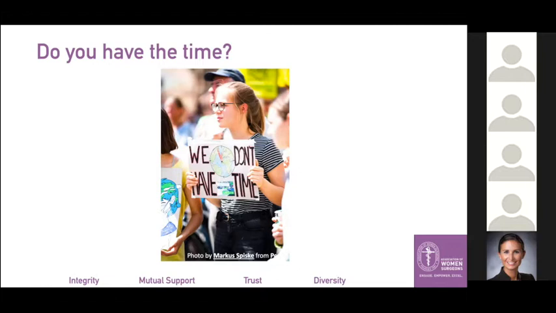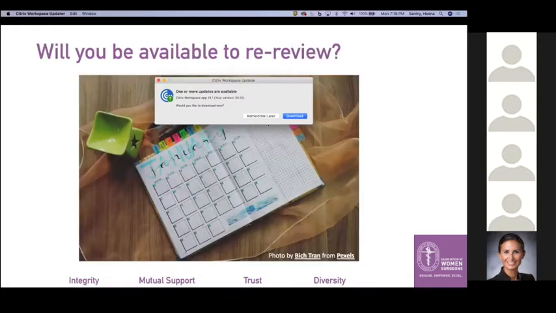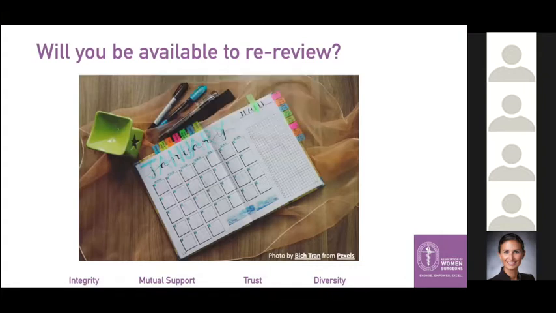Are you going to be able to give due time to doing a thorough review? Later speakers will talk about the content of the thorough review. But even if you're super excited and you have no conflicts and you definitely want to do this, you need to make sure that you can do this in a timely fashion. It's very frustrating for editors to not be able to get a timely review in.